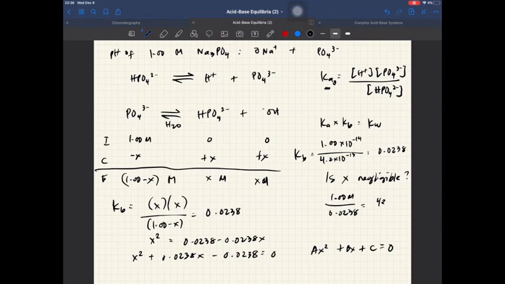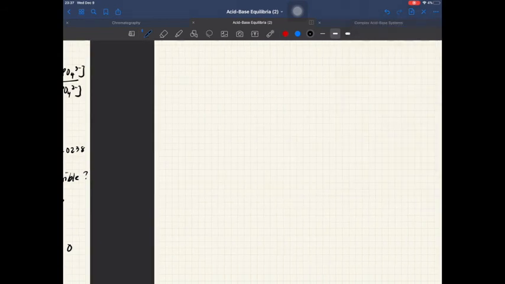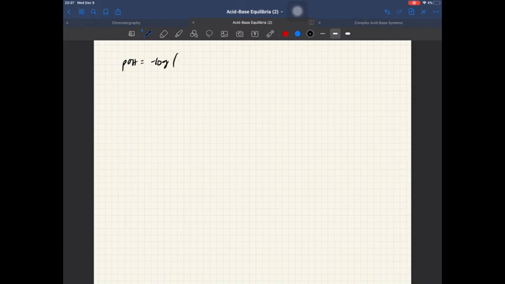So we have 1, 0.0238 and negative 0.0238. If you calculate the value for x, x is equal to 0.143. And take note, x is equal to the concentration of the hydroxide. So now we can calculate the pOH value, which is negative log of 0.143.